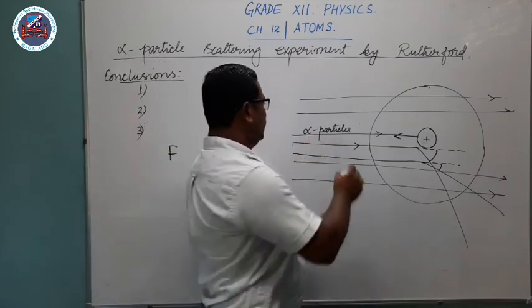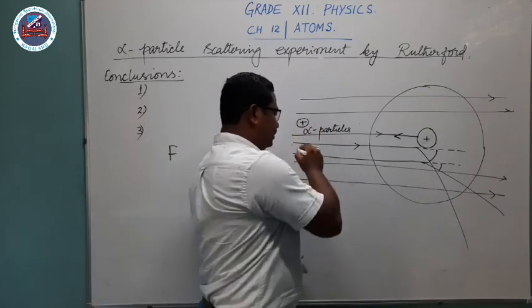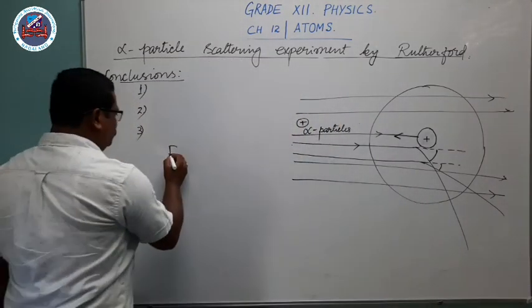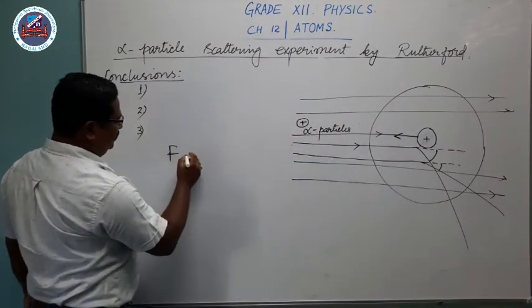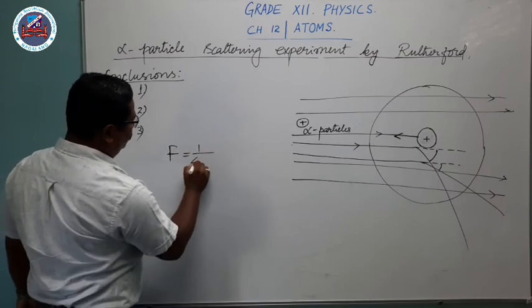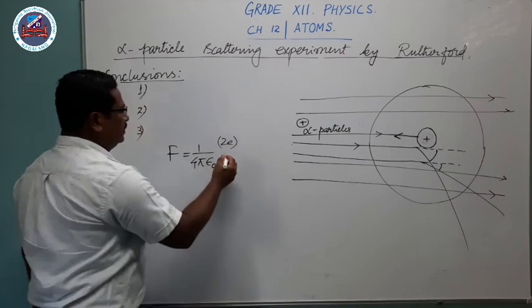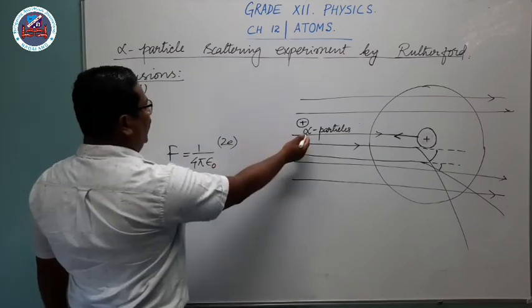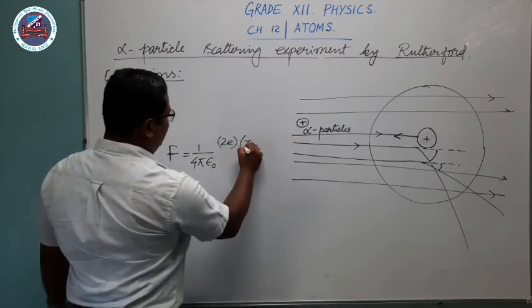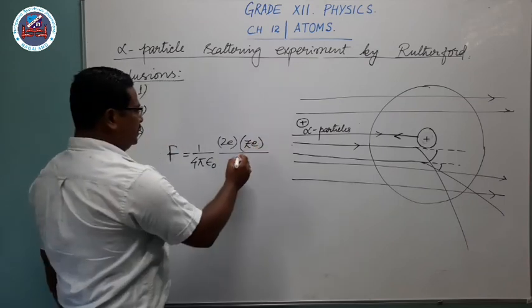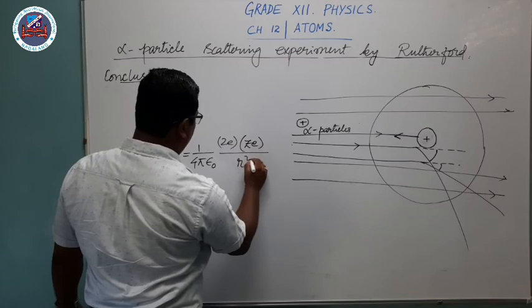Alpha particles are positively charged. The nucleus is also positively charged. So if you use Coulomb's law of electrostatics, this is 1 by 4 pi epsilon naught, 2e, that is the charge of the alpha particle, and Ze, the charge of the nucleus, divided by the distance squared, r squared.